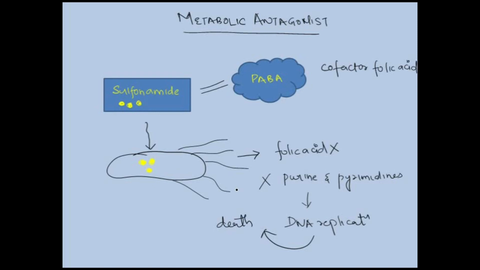They synthesize folic acid on their own. So if that folic acid synthesis is blocked in the bacteria, they will not be able to uptake folic acid from the surrounding environment also. In case of humans, humans do not produce folic acid inside their body. They are always uptaking it. So if any mechanism prevents the synthesis of folic acid, or any sulfonamide drug is acting on our cells also, there will not be much toxicity to our body. Therefore, because of this specificity, sulfonamide has a high therapeutic index.